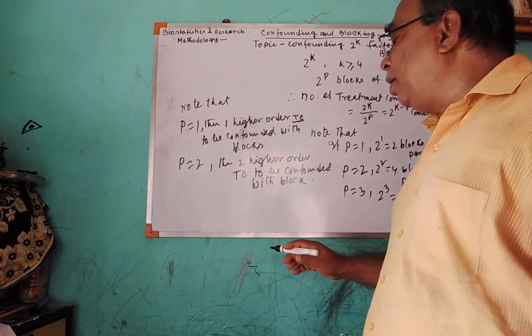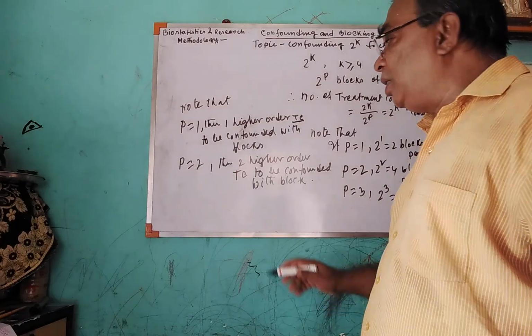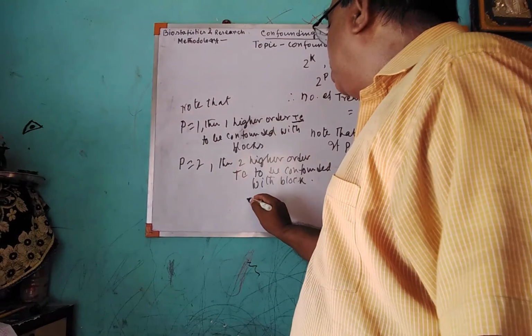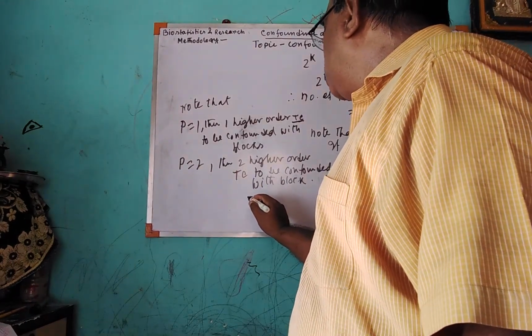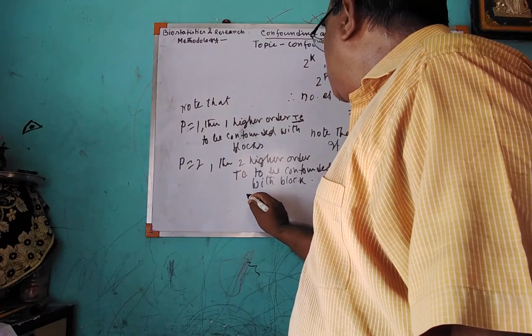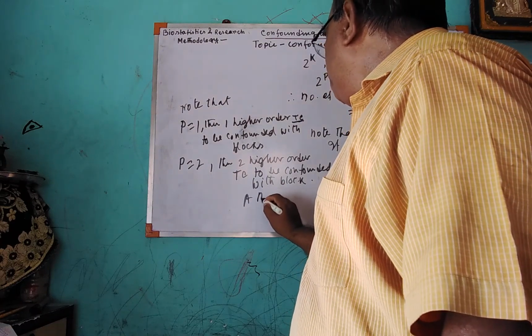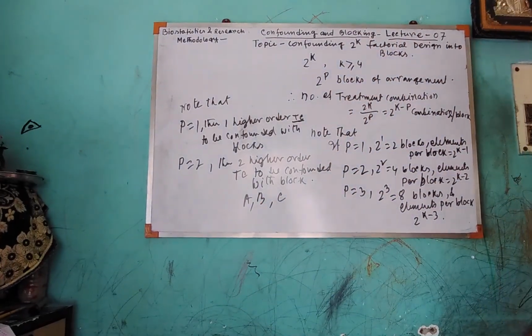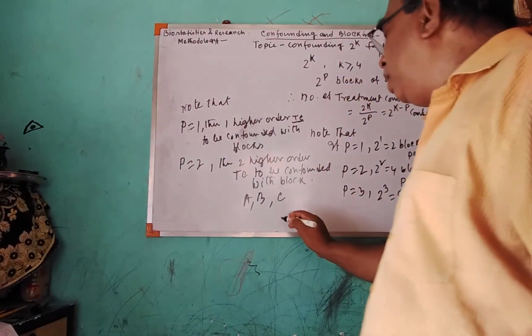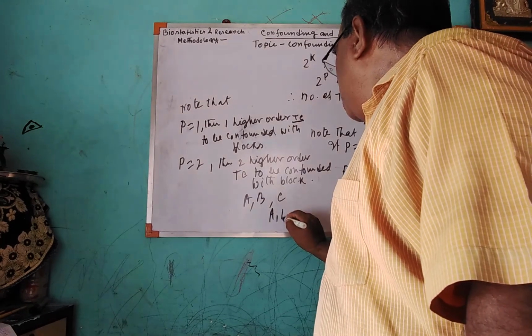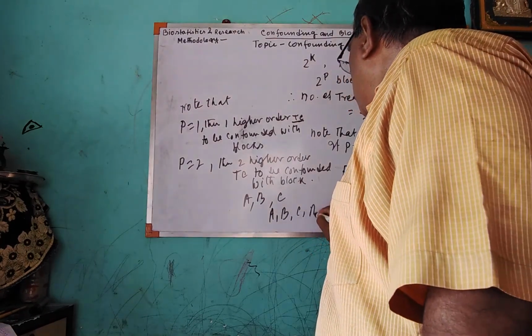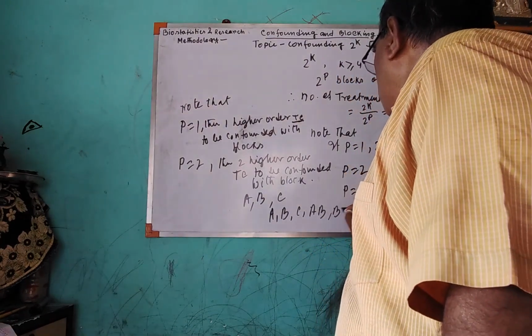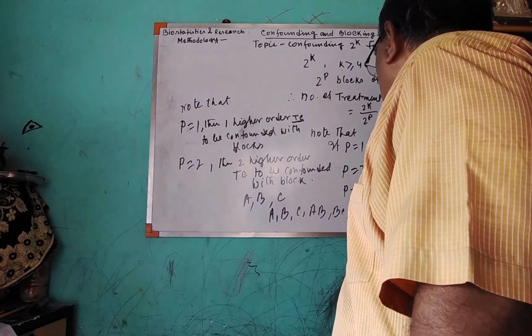Say for example, suppose there are 3 factors, that is A, B, C. Let's see an example. So the A, B and C, AB, BC, CA and ABC.